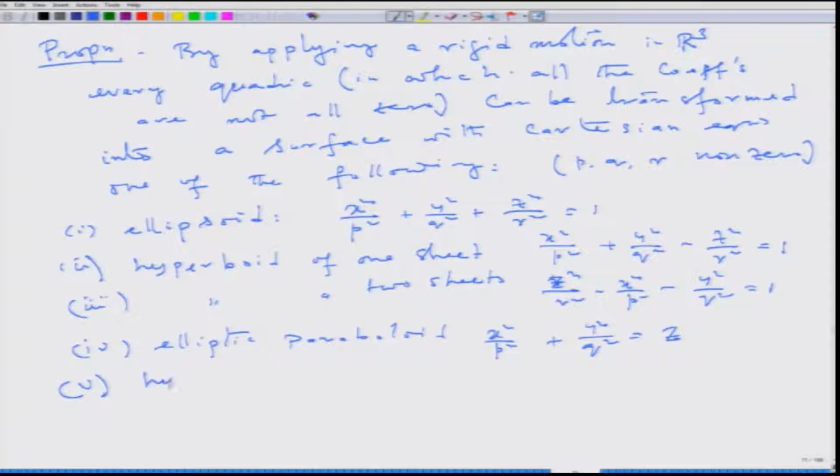Hyperbolic paraboloid, this is simply x²/p² − y²/q² = z.